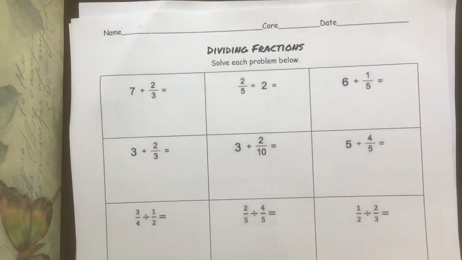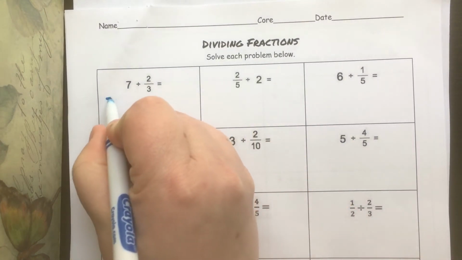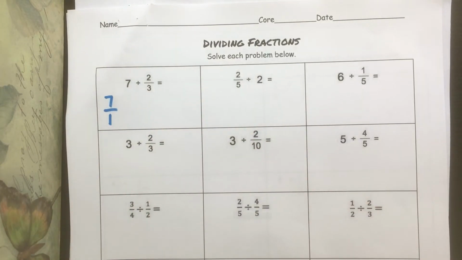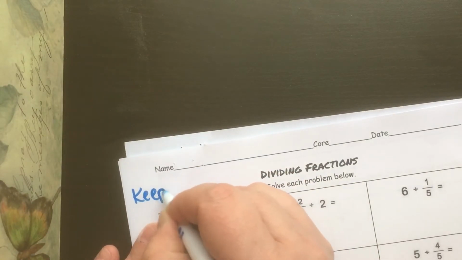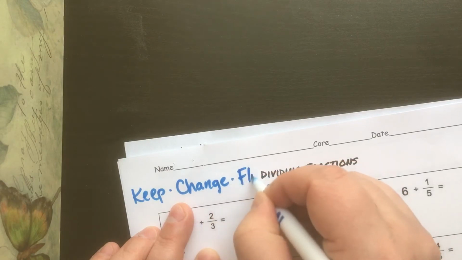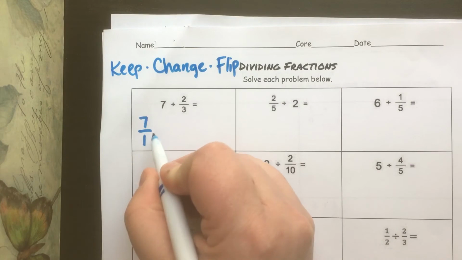All right, reminder, if we have a whole number, it goes over 1. 7/1. So we keep the first fraction. Okay, just as a reminder, let's write keep, change, flip. Okay? Keep the first fraction.